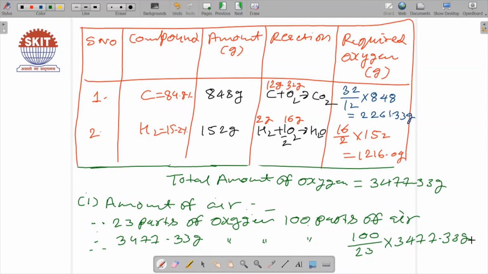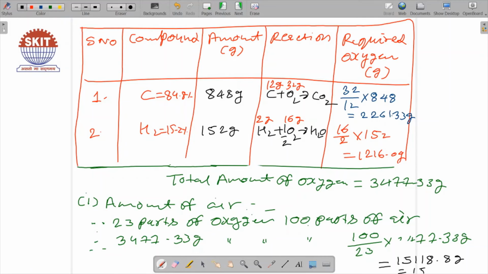If we solve, then the final answer will be 1511.8 grams, and we can convert this value into kg.